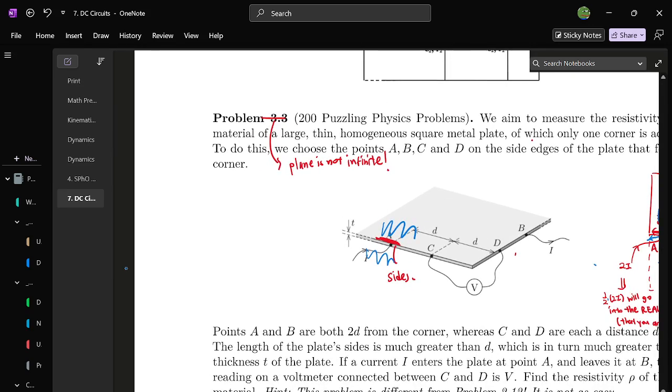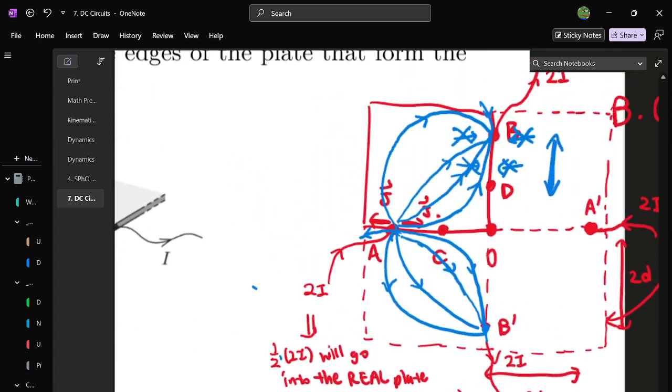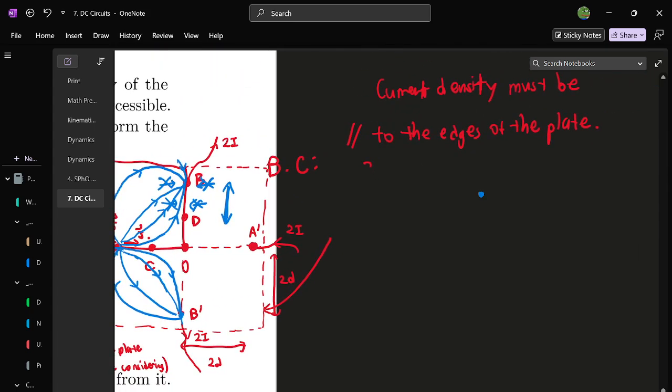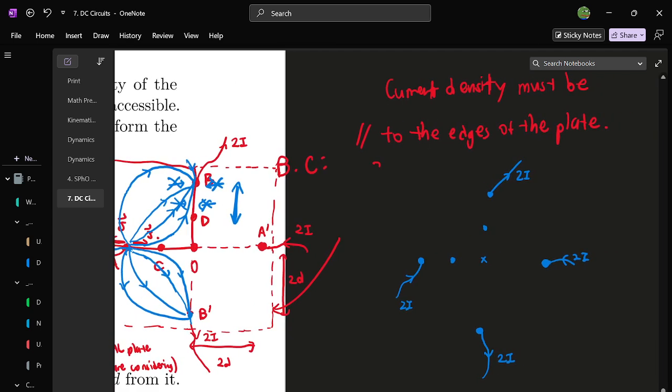Okay, so now once you have this configuration, I'll just redraw it here. Then it's quite a similar thing as just now.